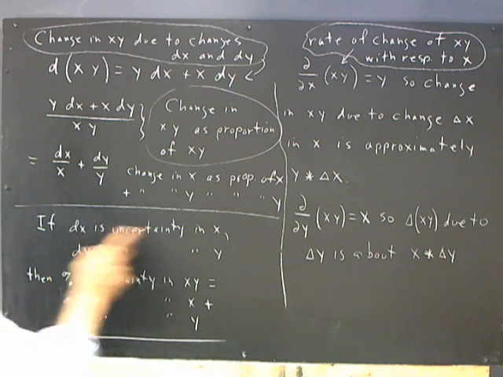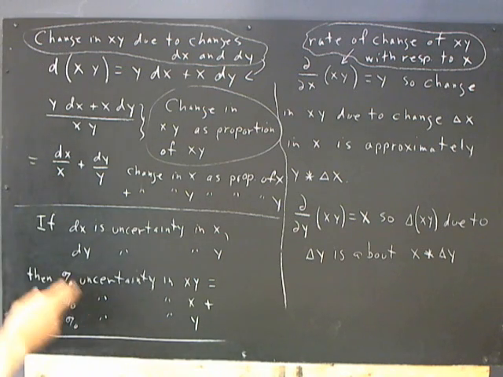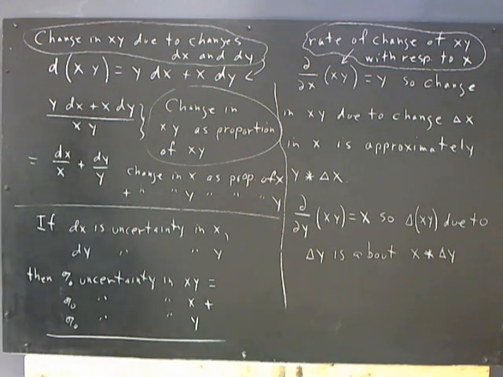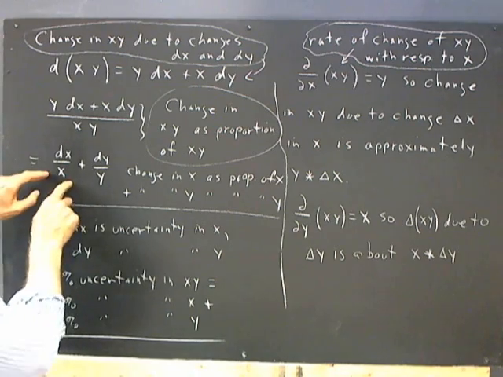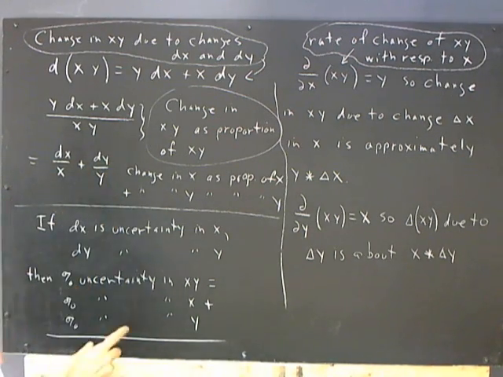If dx is the uncertainty in x and dy is the uncertainty in y, then the percent uncertainty in xy, which is this times 100%, is equal to the percent uncertainty in x, which would be this times 100%, plus the percent uncertainty in y, which would be this times 100%.